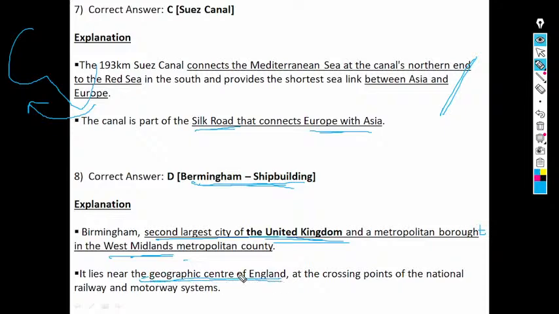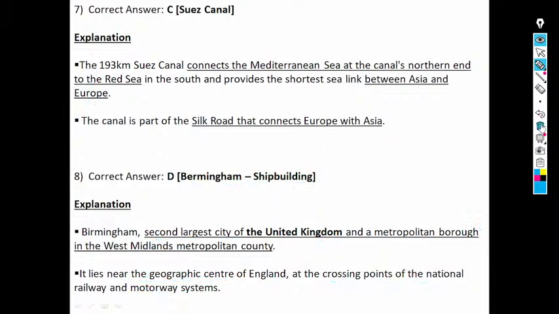It lies near the geographic center of England at the crossing point of the National Railway and Motorway System. It is the second largest city of the United Kingdom, near the geographic center of England, at the crossing point of the National Railway and Motorways.